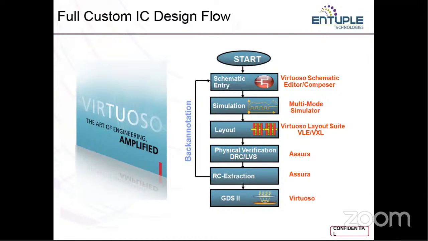Once the physical verification is done, we extract the parasitics, and to check their impact, we import the parasitics back into the schematic and rerun the simulation so that we get an idea of the impact of parasitic devices on the circuit. How do you check?